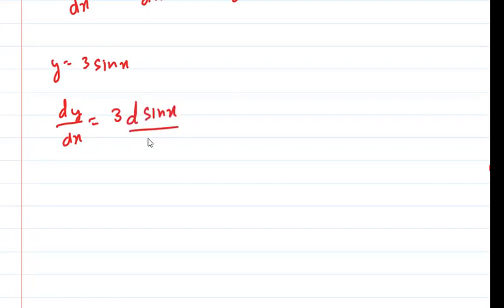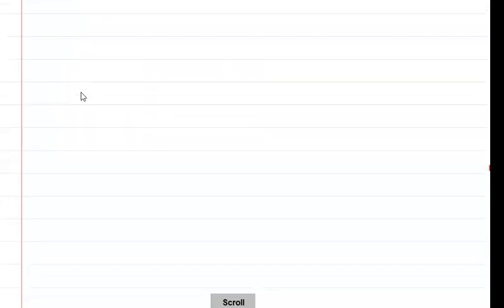Okay, this is the answer, which is 3 cos x. Got it everyone? Everyone got this concept? Yes or no? Yes, very good. Right? So I hope everyone got this concept. है ना? Okay, very good.